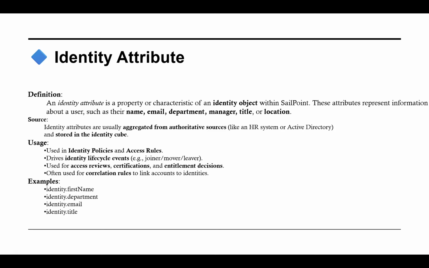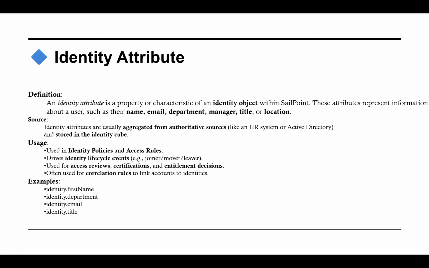So for these attributes, where will we get the values from? These values will come to the identity attributes when we aggregate. Identity attributes are usually aggregated from authoritative sources like HR systems, which is HRMS, AD, something like that.